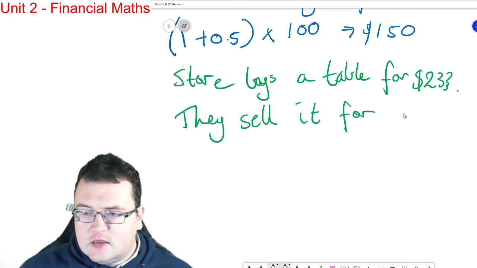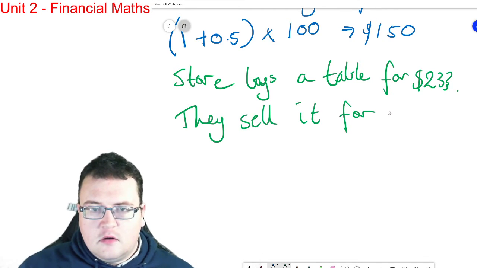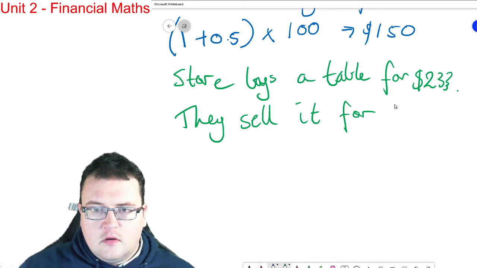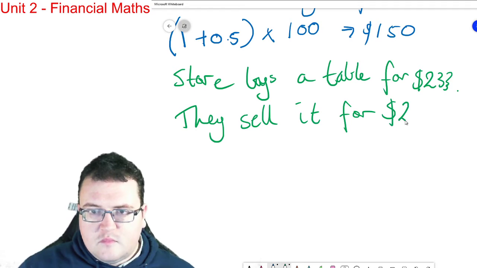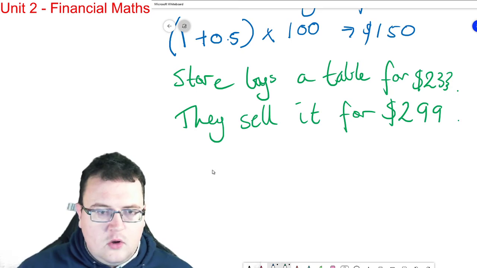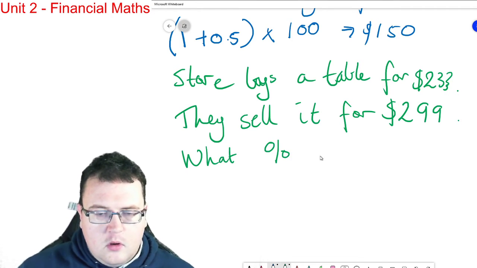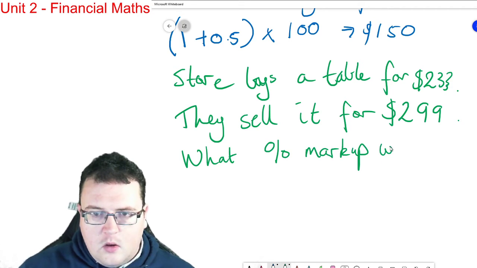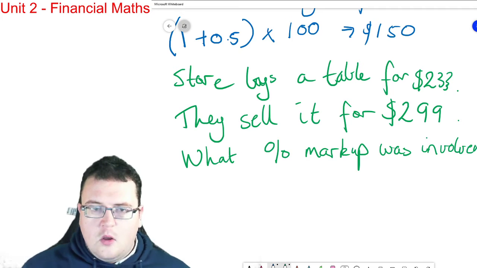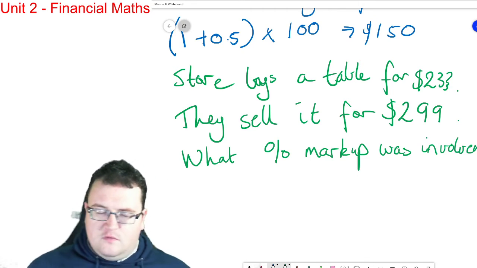They sell it for $299. What percentage markup was involved?